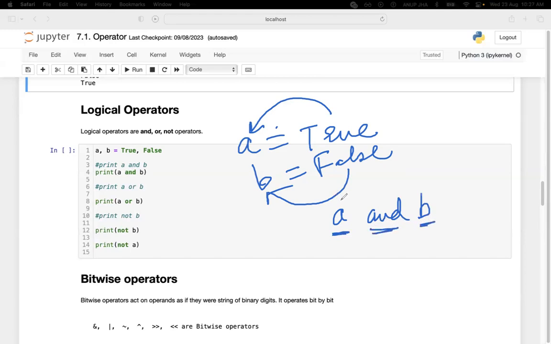AND operator only gives true when both are true. Let's understand this in a clearer way.